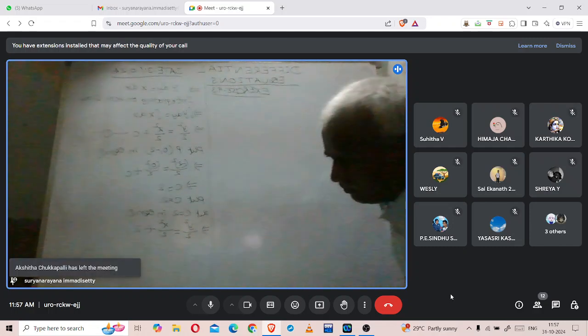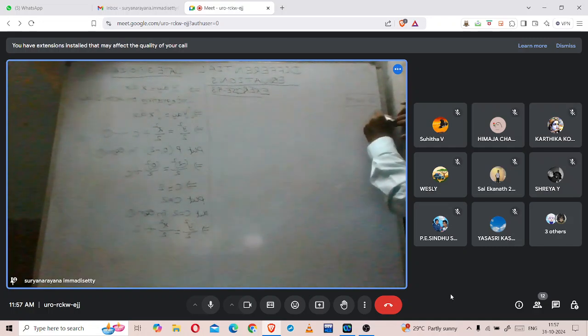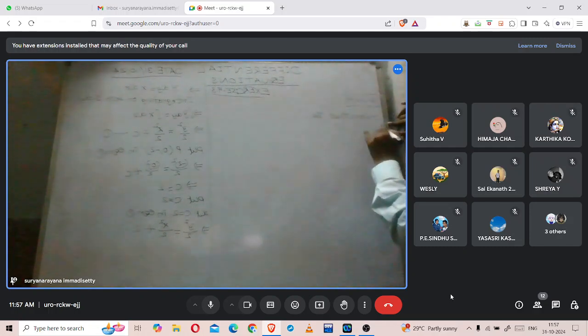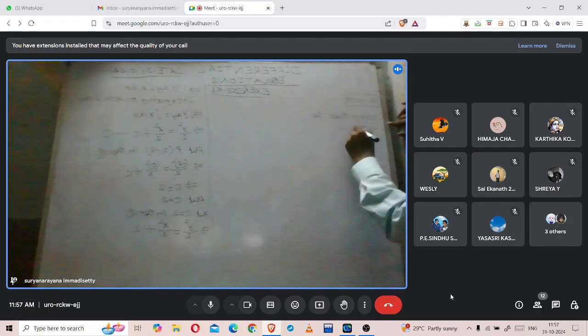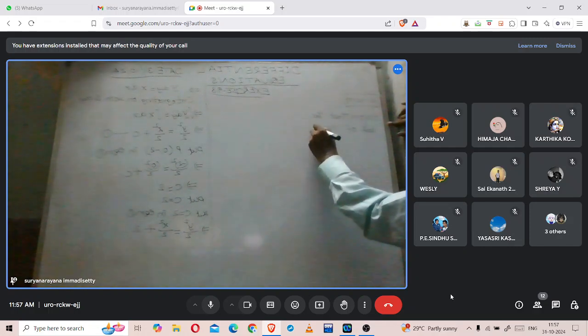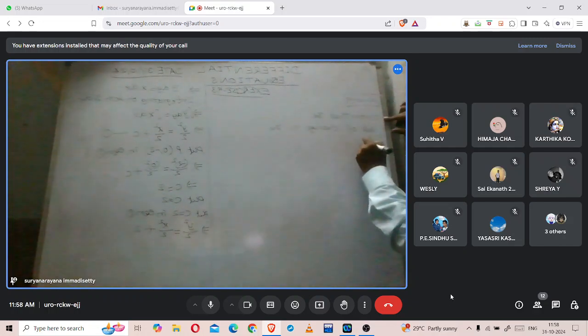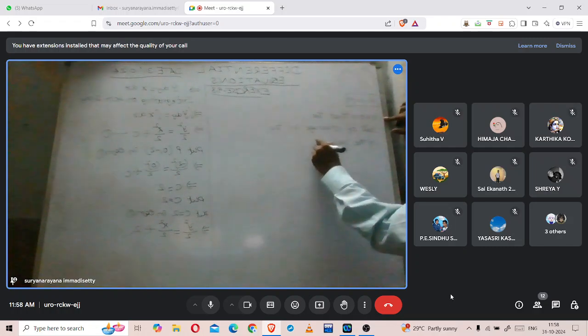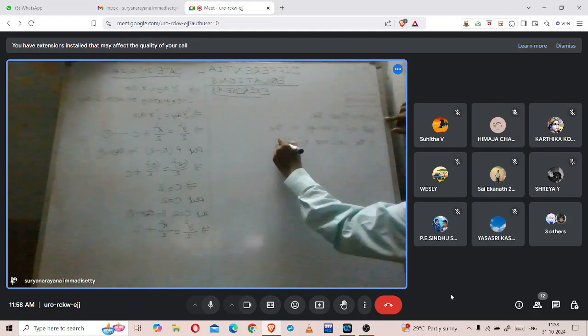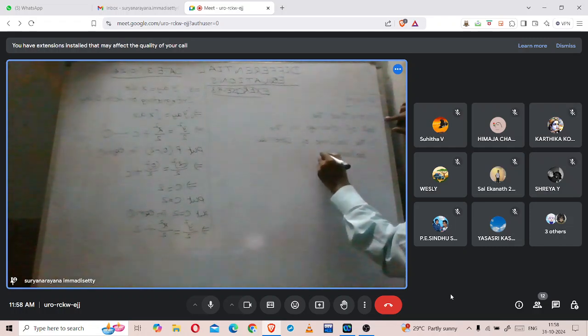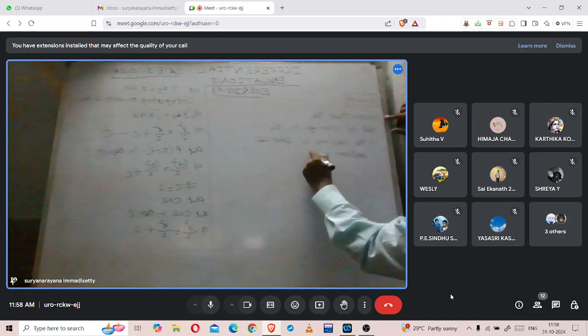Given that the rate of change in the volume of a spherical balloon is constant.